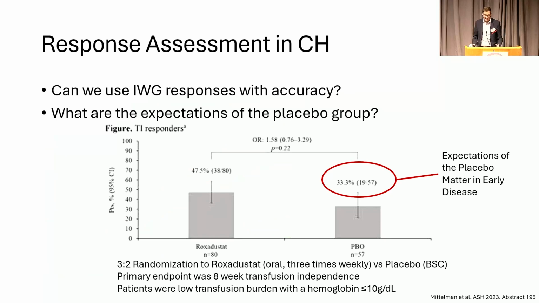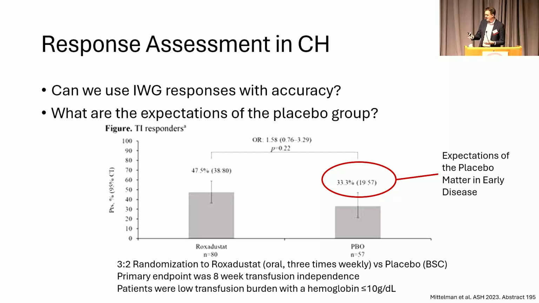Another challenge that we have, and that we're seeing as we move things into earlier treatment paradigms in lower risk MDS, is that the less transfusion dependent, the lower burden a patient's disease has at baseline, the harder it is to distinguish from placebo. So again, getting back to this study of roxadustat, patients got roxadustat or placebo, and the response rate in the placebo arm for 8-week transfusion independence was 33%.